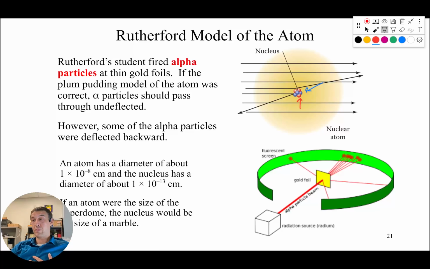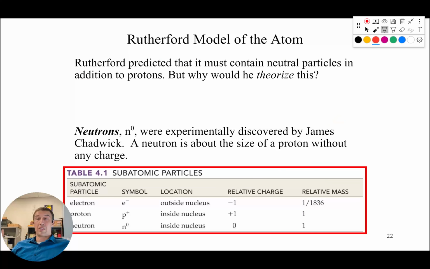So what does that set us up with? We've got Rutherford's model of the atom. We have to have neutral particles in addition to the protons. Why did he theorize this? Hopefully you remembered that the protons would repel away from each other. And then we have these neutrons, or these neutral particles. Those neutrons were experimentally discovered by James Chadwick. Don't stress about Chadwick.